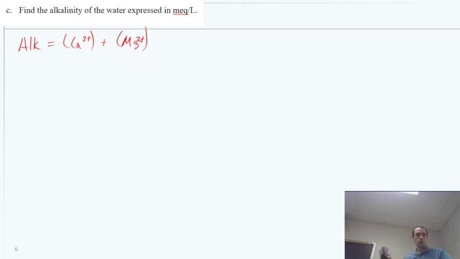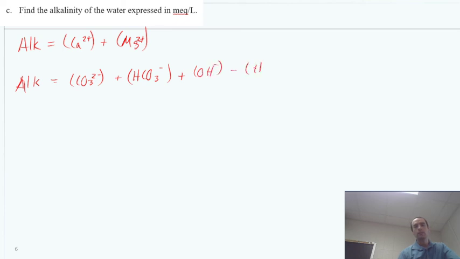We talked about alkalinity, if we described the equation of it, we had often talked about it in terms of carbonate. So we would say, well, this is going to be the CO3 2 minus, expressed as milliequivalents or whatever, plus the HCO3 minus plus the OH minus minus the H plus, right?